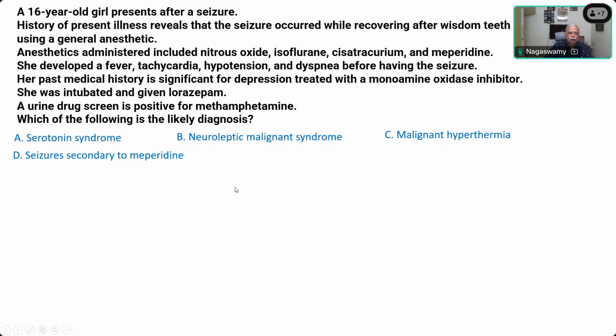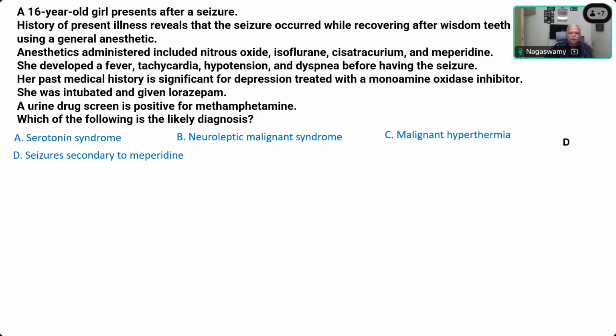Will you still go for serotonin syndrome? Neuroleptic malignant syndrome? There is a mention of meperidine here. Seizure secondary to meperidine, because the patient is on MAO inhibitor and meperidine is contraindicated. It's a very important point.